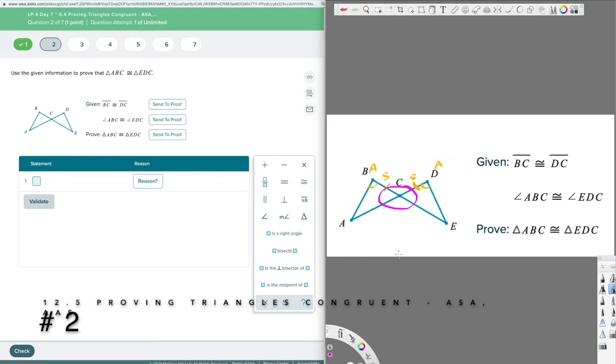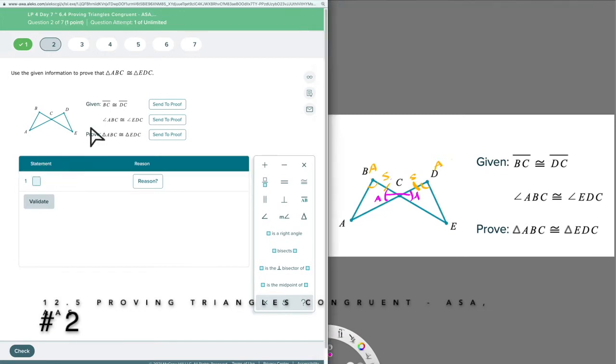Anytime we have this X pattern happening, we can use what's called vertical angles. I can go across the vertex, and these two angles will be congruent to each other by vertical angle theorem. And we use this one all the time, so this should definitely start to be sounding familiar. So this would give us our other angle. We'd have angle, side, angle. So now I have my plan. I know what I'm going to start typing in here.